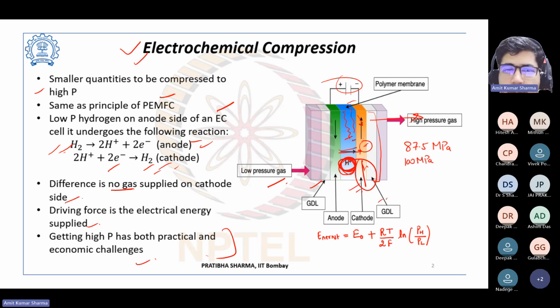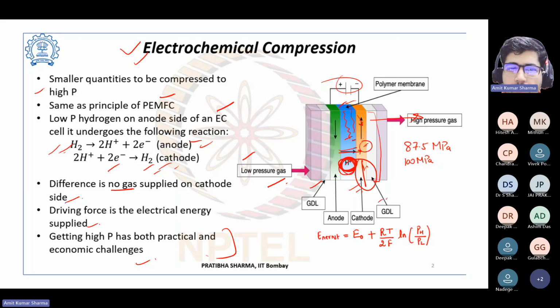We can say this because we are using a membrane that can specifically pass the hydrogen ions only. No other gas or any impurity can pass through this membrane. That's why your purity will be very high.